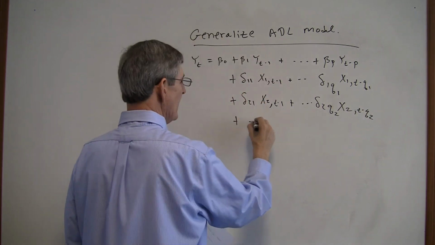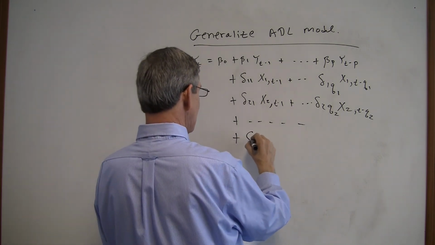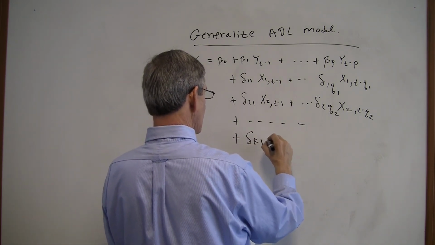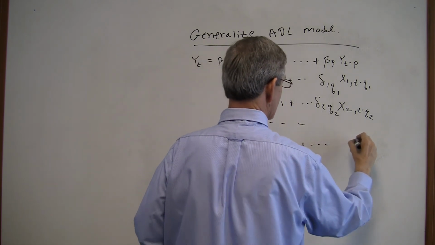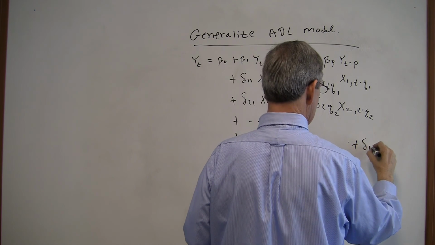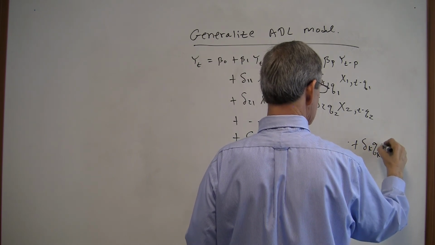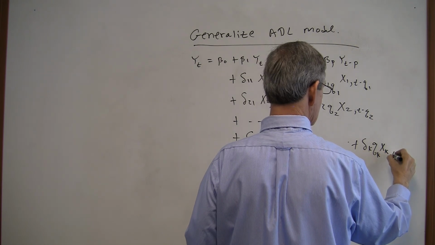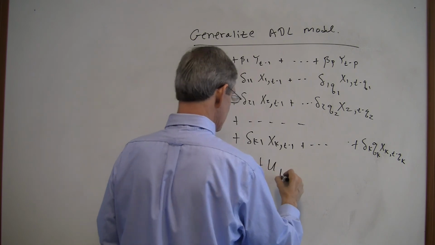And then we can keep going out to delta k,1 xk t minus 1 plus delta k,qk xk t minus qk plus ut.